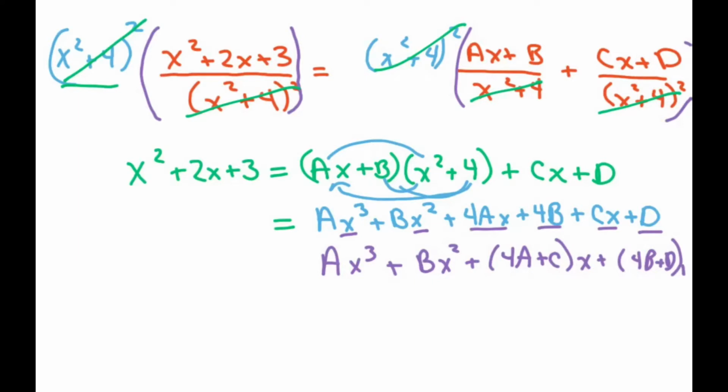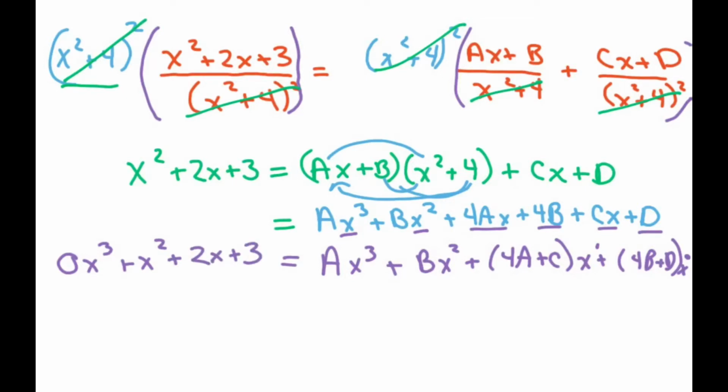If you want, you could call this x to the 0. X to the 0 is just 1. So we went from 3 to 1 and 0. And on this side, I'm going to go ahead and put 0x cubed plus x squared plus 2x plus 3.